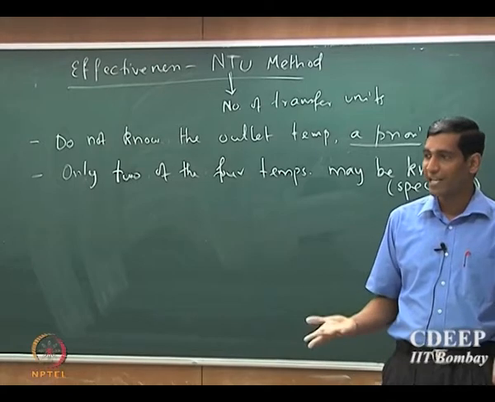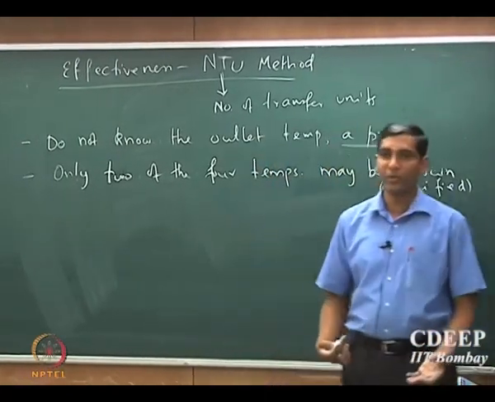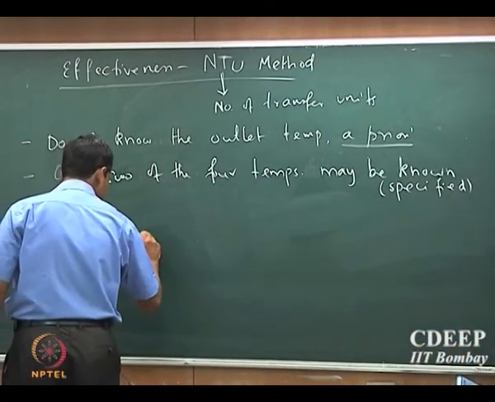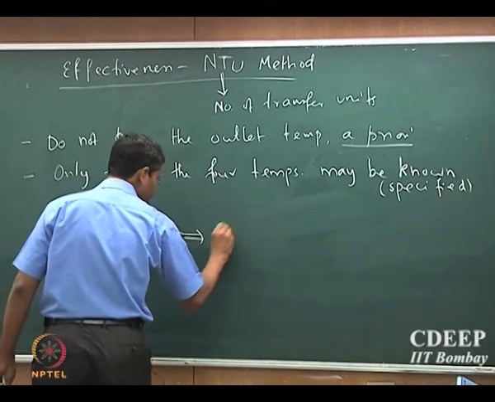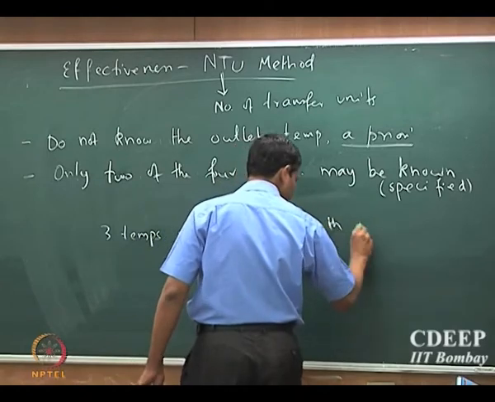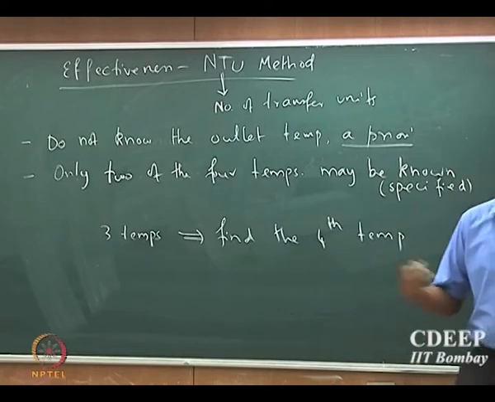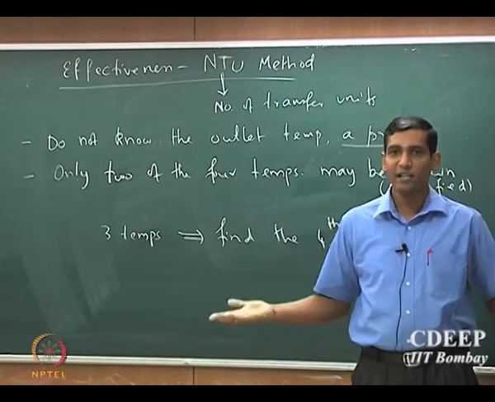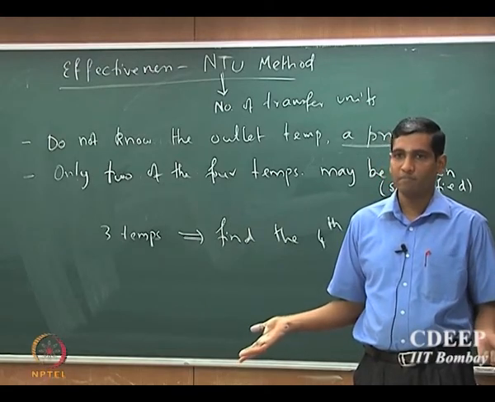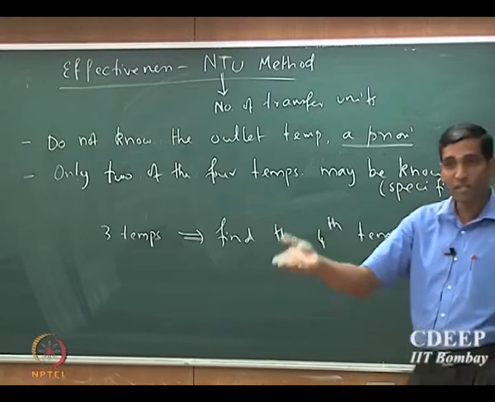Now if you use delta T LMTD method, remember that when we used this delta T LMTD example, we saw that suppose if we know three temperatures, we can find the fourth one. So if we know any three, we should be able to find the fourth one by simply writing m dot Cp delta T equal to the m dot Cp delta T for the cold stream. But then if only two temperatures are specified, you can still use delta T LMTD.